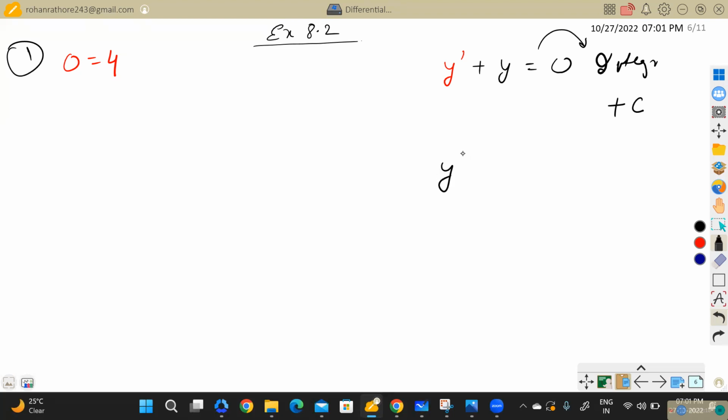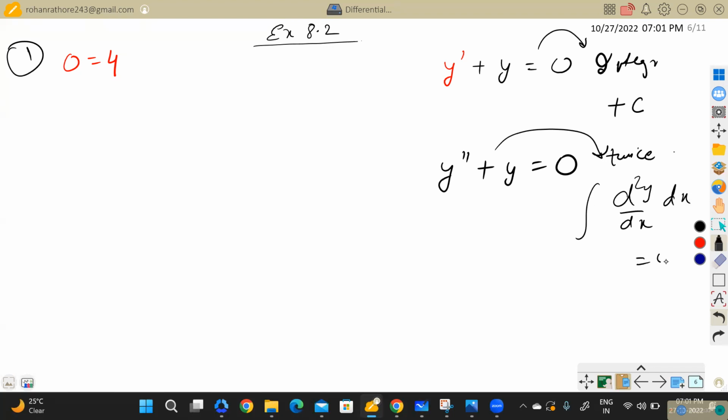Now consider a second order differential equation. When we want to solve this, we have to integrate it twice, because when we integrate d2y by dx2 once, we'll get y dash, and when we integrate it again, we'll get y.